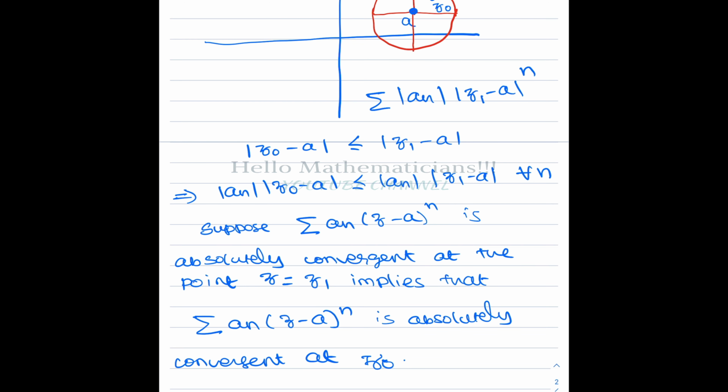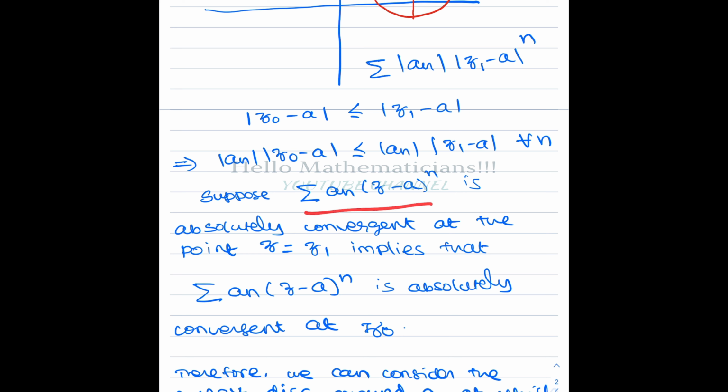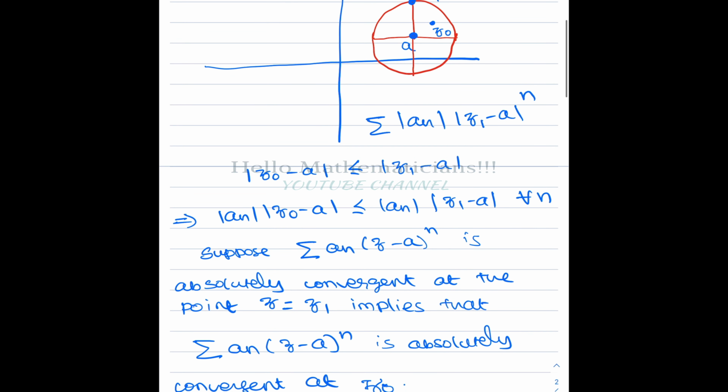So we are saying that this series is absolutely convergent at the point z equal to z1. That means for z I have substituted z1, then I have taken the modulus, and I can split the modulus like this and get this series. Now an can be a complex number, and z1 minus a can be a complex number, but once you take the modulus everything is a real number.